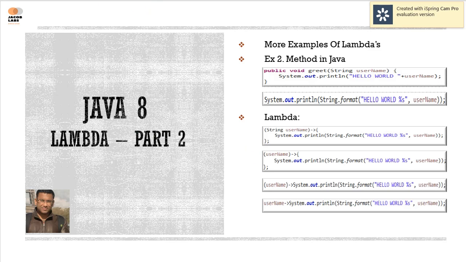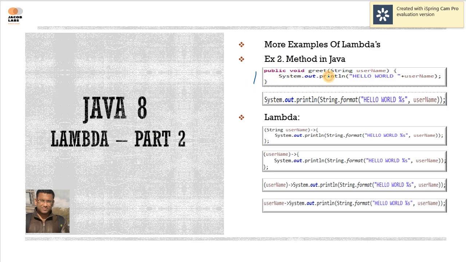So, in this session, let's see another extension to the greet method, where our greet method now takes in a string argument and prints hello world along with the string argument that we have passed. So let's quickly see that.